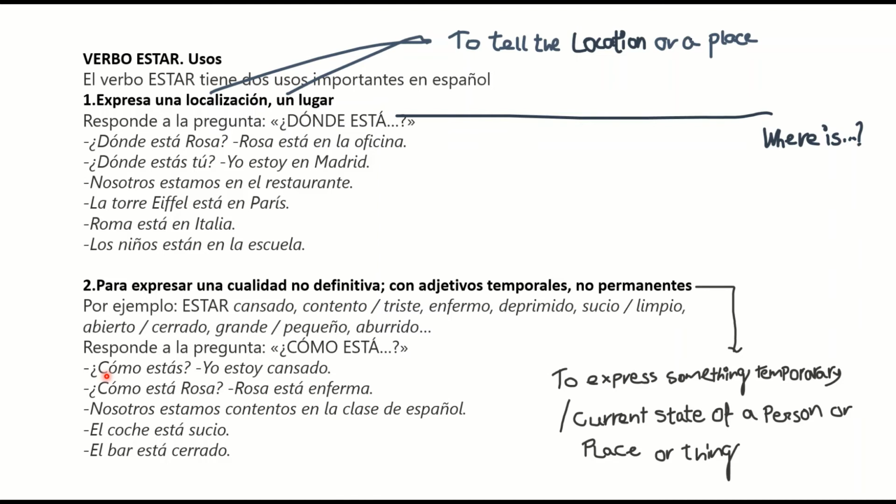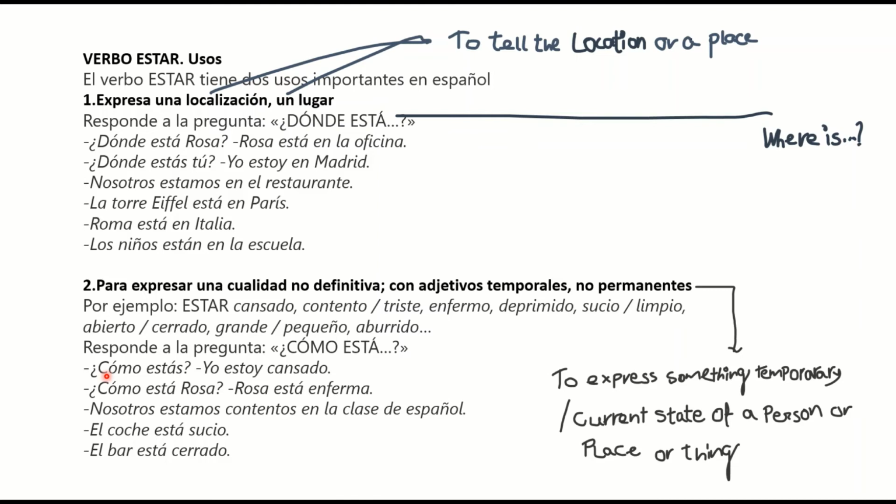So we are saying nosotros estamos contentos en la clase de español. This is something temporary, probably you will go out or go to some other class that you might not like. So in that case, as this is a kind of temporary thing, we are using the verb estar again.